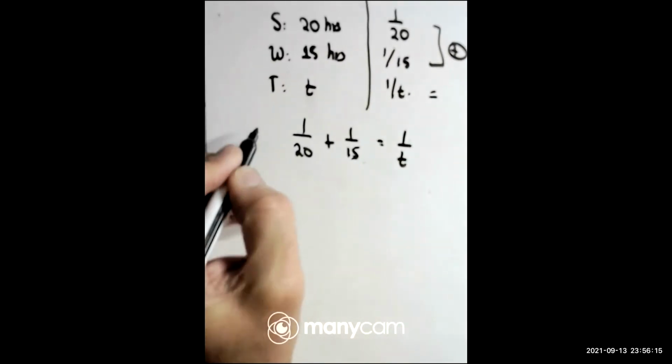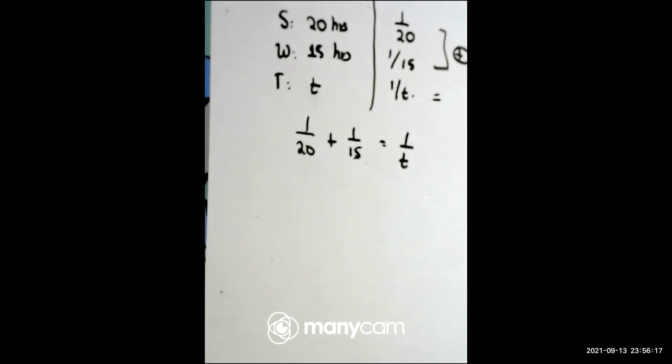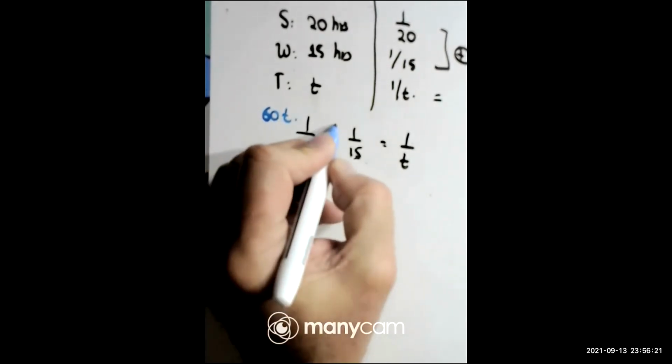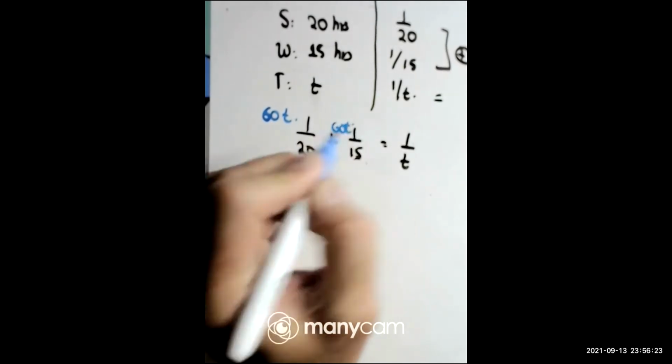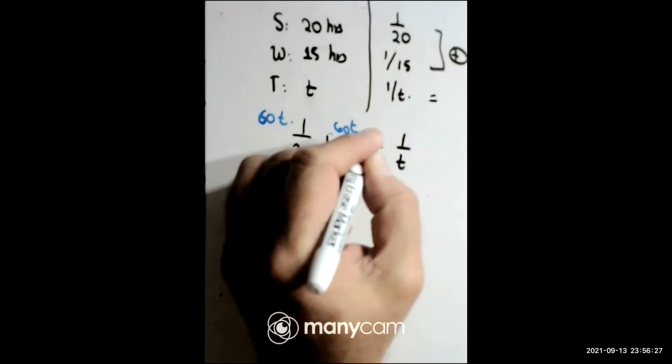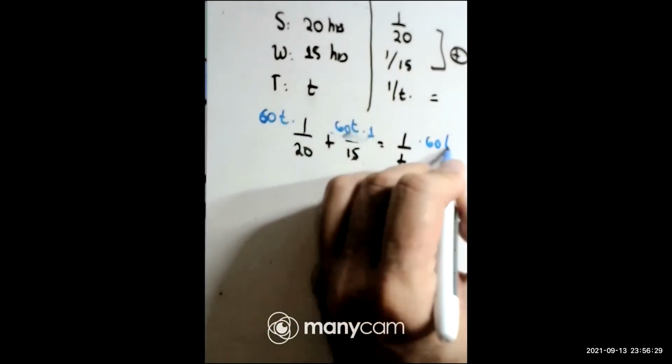60T. So I'm going to do it this time differently. 60T times 1/20 plus 60T times 1/15 equals 60T times 1/t.